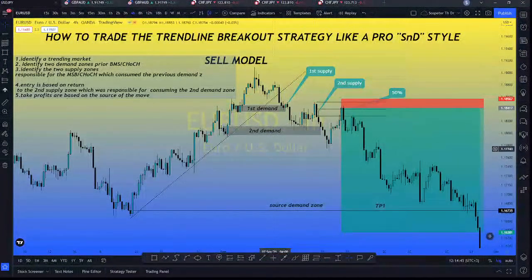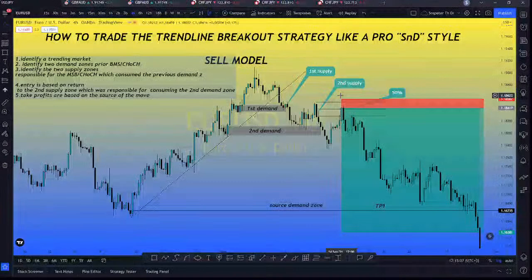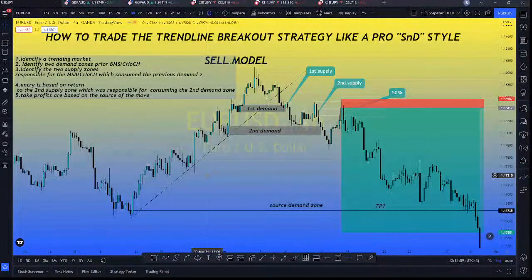Now, the rule of the trend line breakout strategy, even without adding the supply and demand: if the source gets touched before a second supply is formed, or a retest is formed, you invalidate that breakout. You don't trade that one. For that you wait for a retest down there. Like yesterday, I gave out a setup on our platforms, on how to trade it.